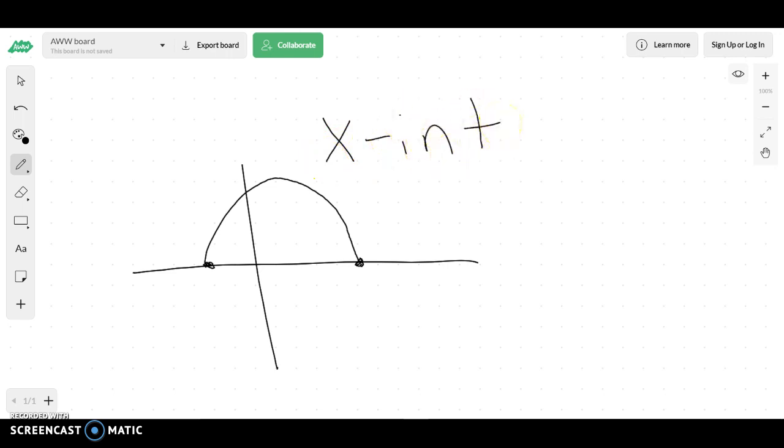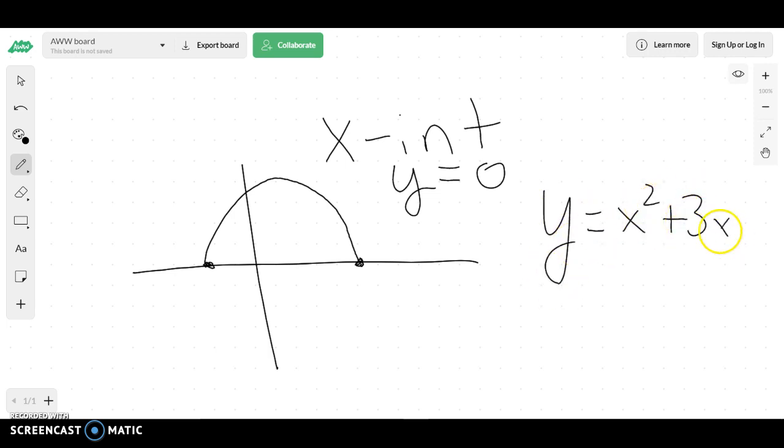If you remember how you find the y-intercept, you make x 0, so you find an x-intercept by making y 0. So essentially, we're going to take quadratics that look like y equals x squared plus 3x plus 4, and we're going to make y 0 and then try to solve for this.